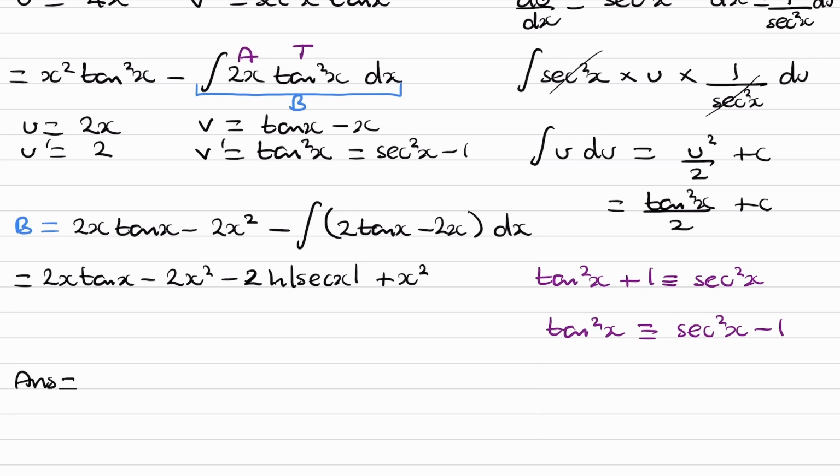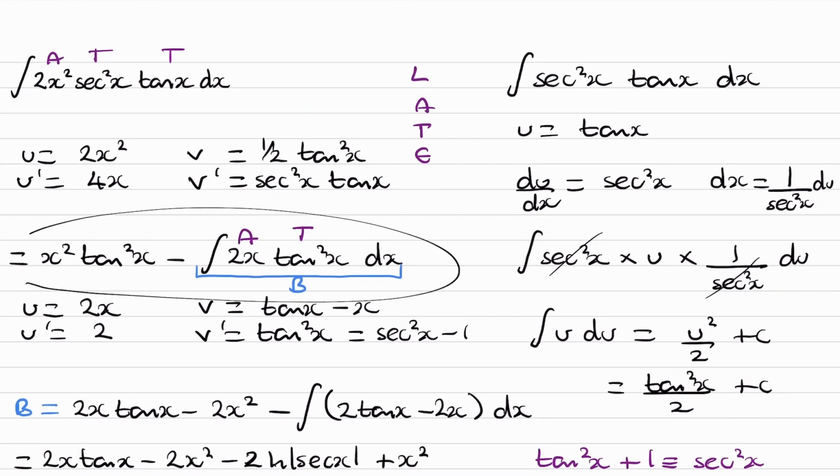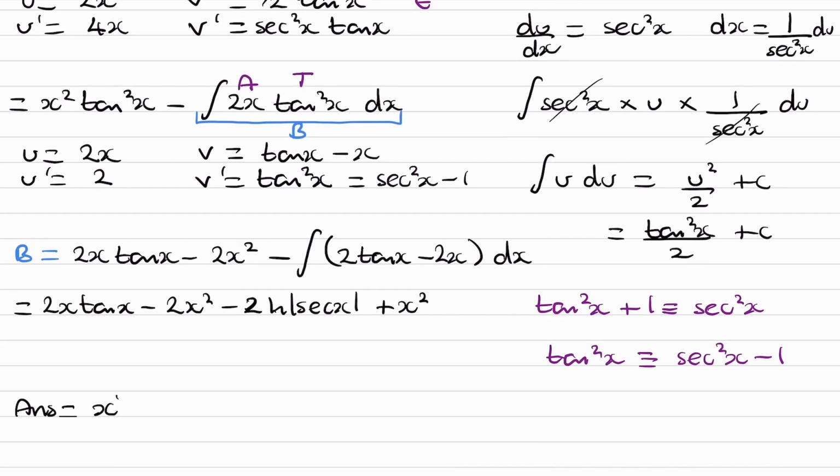Our answer would then be, so looking back up to what we had here, so this is what we had originally, and then we just worked out what b is. So this then becomes x squared tan squared x minus all of this. So I'll evaluate the minus sign now. So it'd be minus 2x tan x.